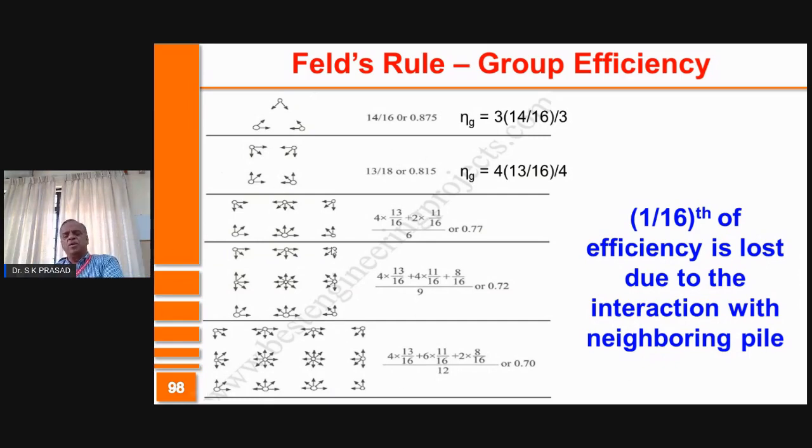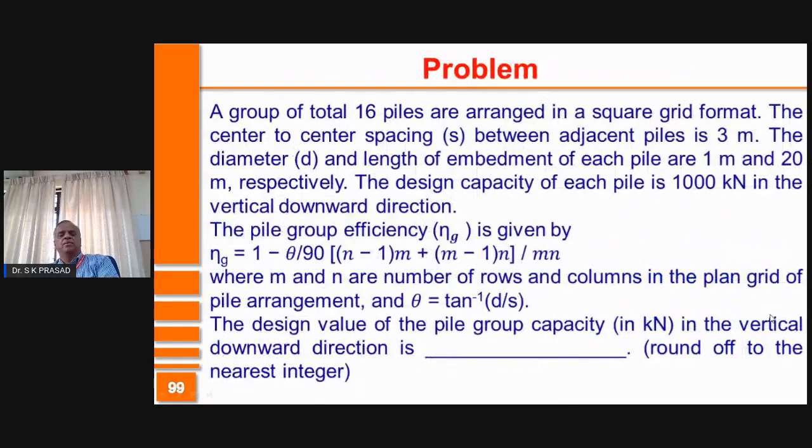So you can find the efficiency based on this, but the spacing, the diameter of the pile, all these are not being considered seriously. Let us go to a numerical problem which was asked in the last GATE. A group of 16 piles are arranged in square grid format.